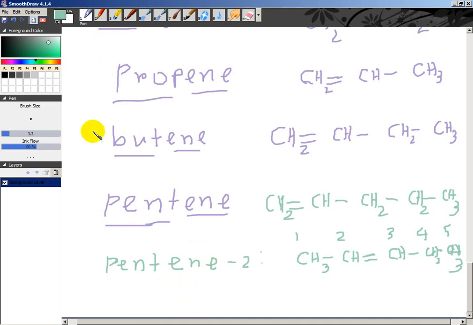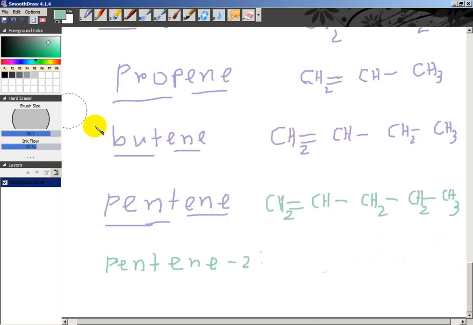How is pentene-2 written? Look, I am drawing this. Pent means five carbons. 'Ene' means alkene, a carbon-carbon double bond.